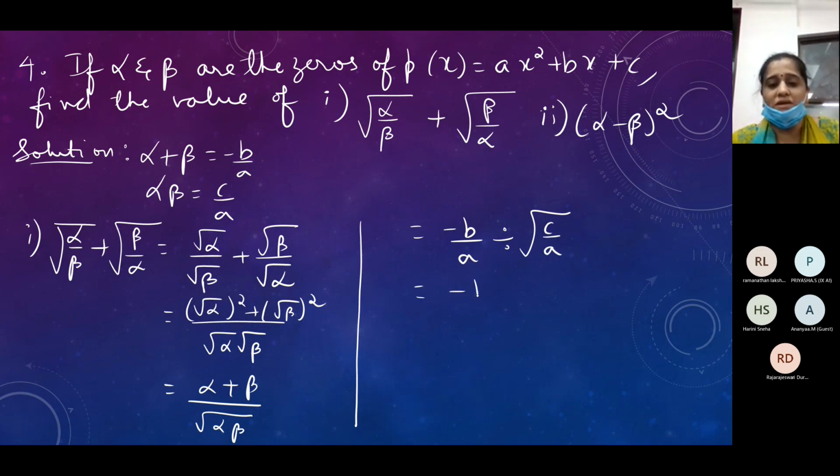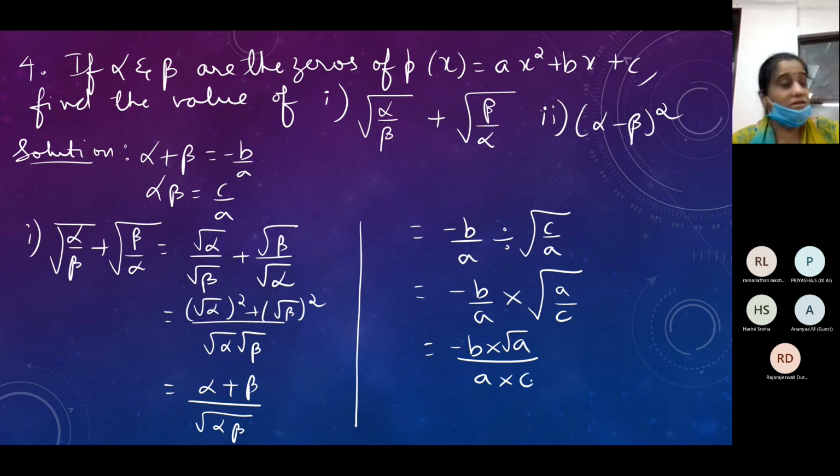So that is minus b by a into root of a by c, reciprocal. So minus b into root a by a into c. You can leave it like this. So it will be minus b root a by ac. See if I've gone wrong in calculation.